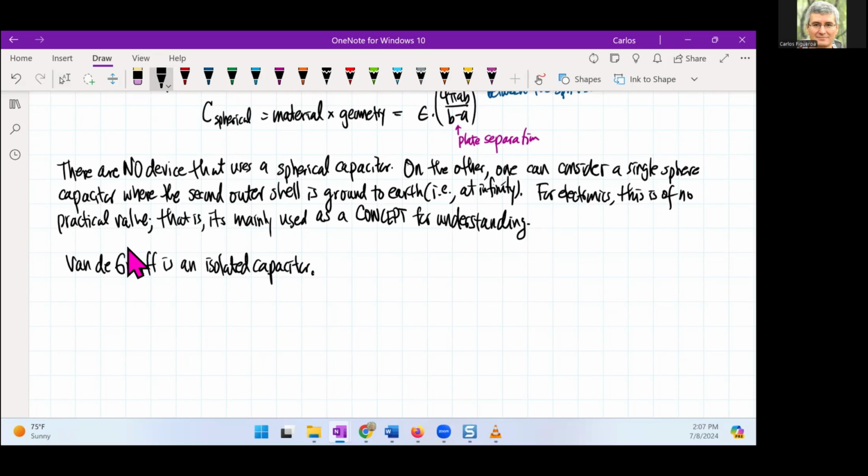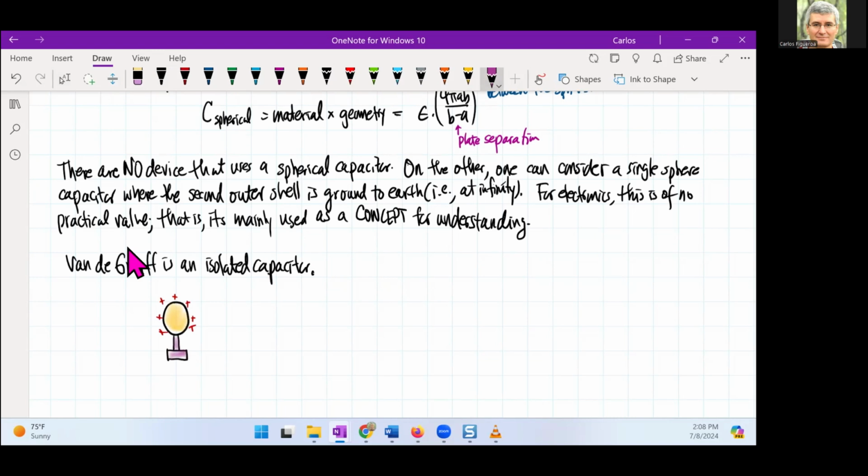We have a sphere, and we have now charged this sphere with a positive charge. And then, of course, I have my stand that's connected to the ground, but this really doesn't play very much of relevance in this.